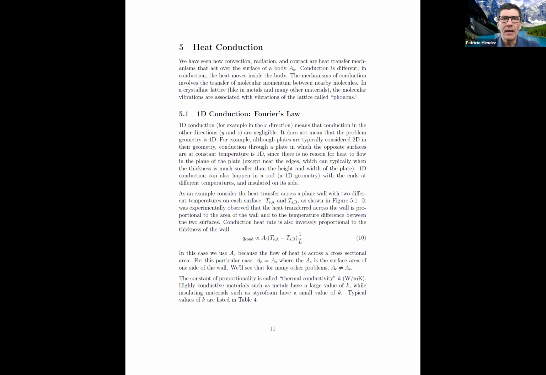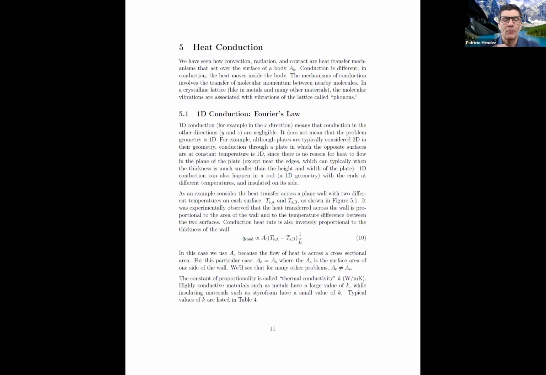We looked at radiation, which to some extent was similar, except that instead of being a delta T, it was T to the 4th of the surface minus T to the 4th of the surroundings. And it had some coefficients too, like the Stefan-Boltzmann coefficient and the emissivity.